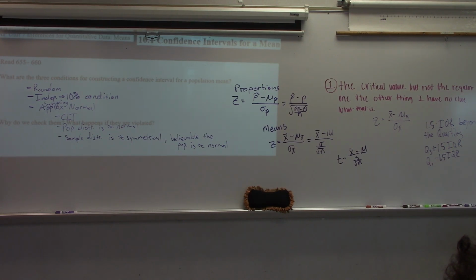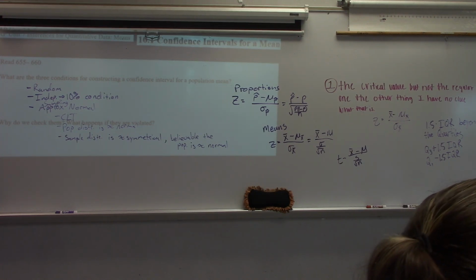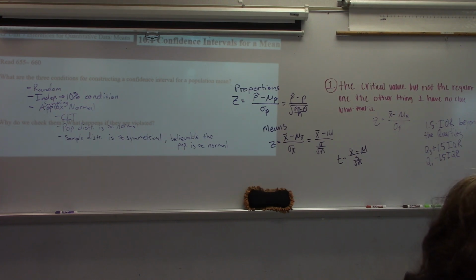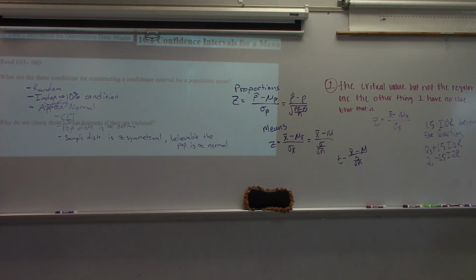Remember last Thursday, how we did that applet and there were a lot of times where our intervals did not capture the parameter? But in the long run, when we use the t distribution, what percent of the intervals capture the parameter? 95%.